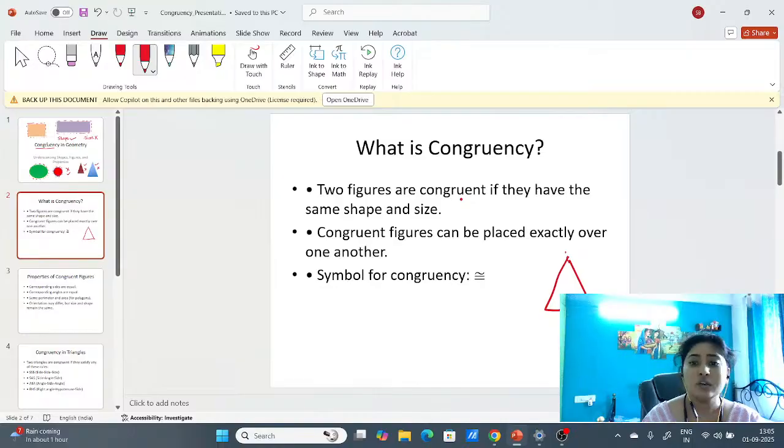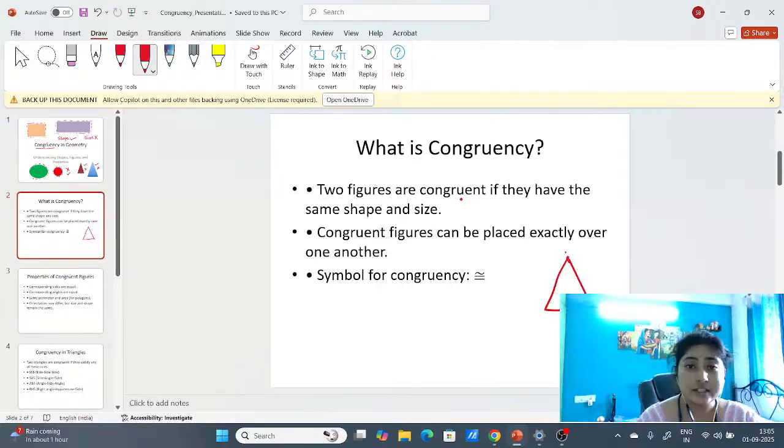We will not be able to see the first triangle if they are congruent. If they are not congruent, then it's not going to happen.